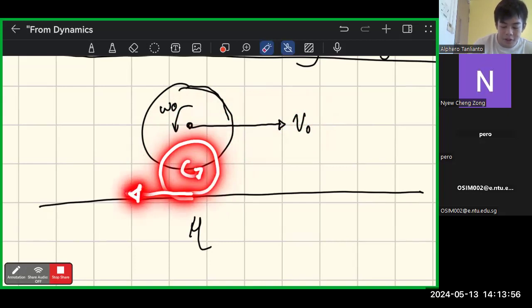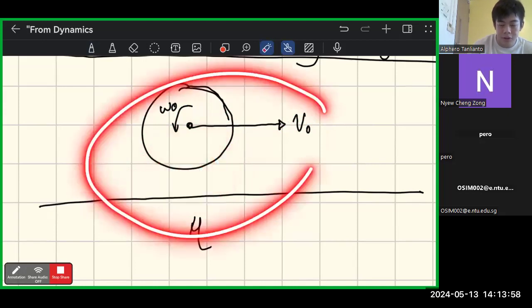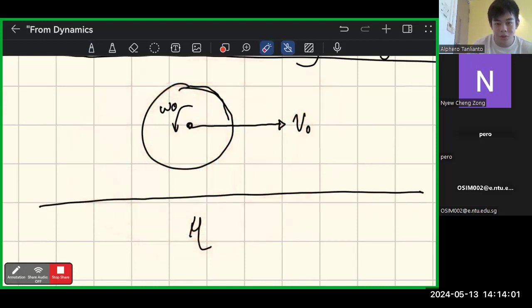So from this case, the friction is going to push the basketball to the left. If you draw the free body diagram, the friction is going to the left, and it's pretty simple to imagine.